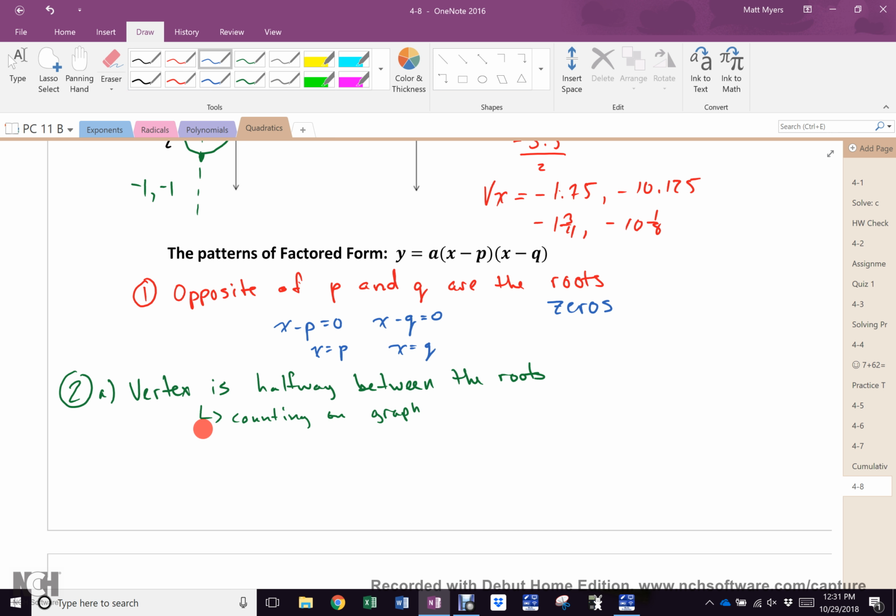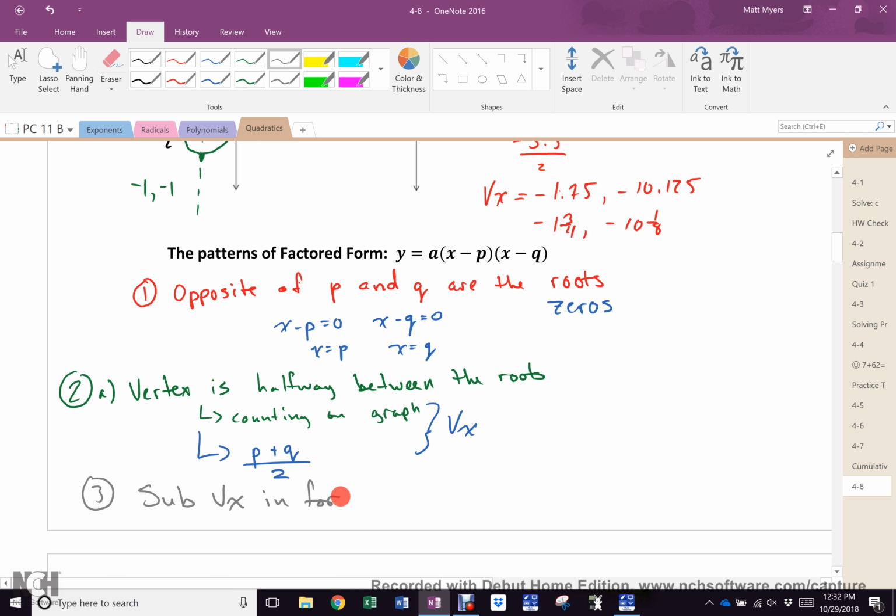The second way to find it is doing P plus Q divided by 2. That will get me the vertex X-axis. Vertex X. Once I know that, I can go to my third spot and I can sub the vertex X in for what?